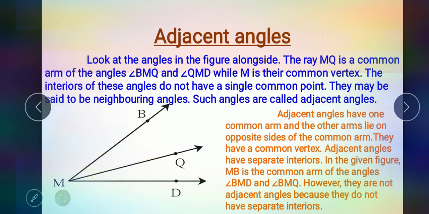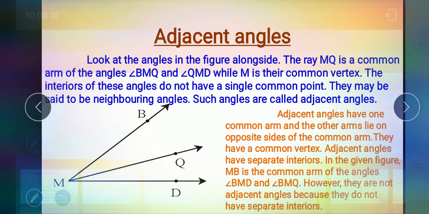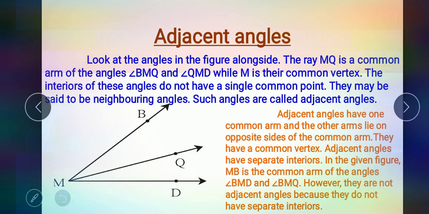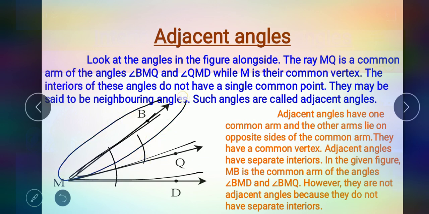Now we'll talk about the angles BMD and BMQ. In these two angles, MB is common. When we talk about BMD, this bigger angle, and the angle BMQ, this smaller angle, the side BM is common.